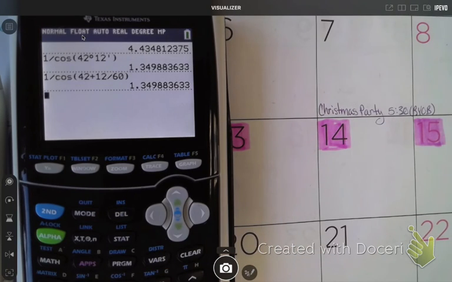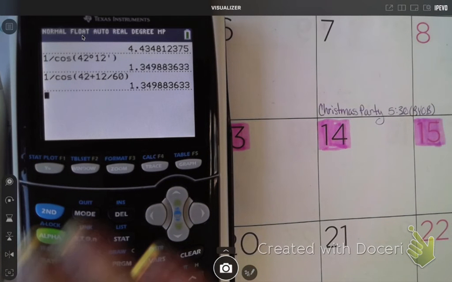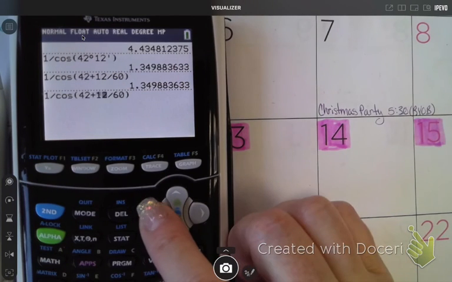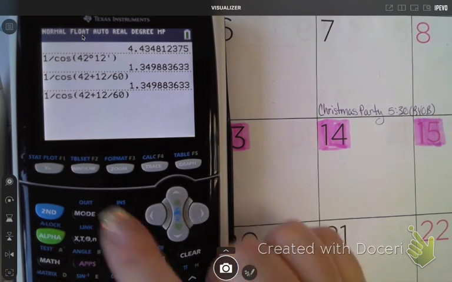Okay, so for secant. Well, for this one you didn't have to have a parentheses before cosine. My calculator said error because I didn't have a parentheses before the tangent last time.